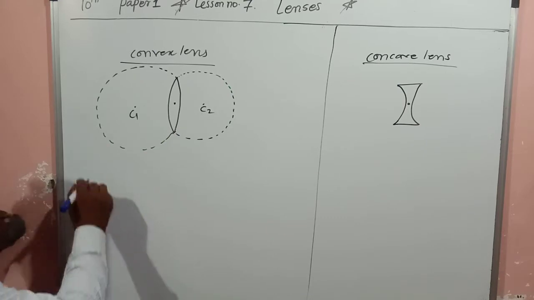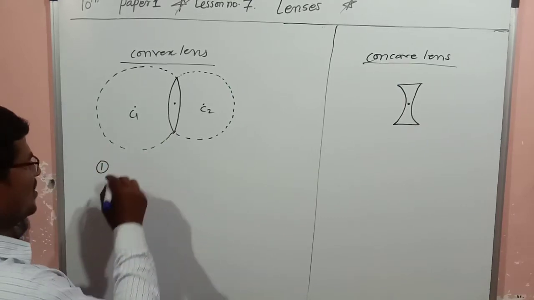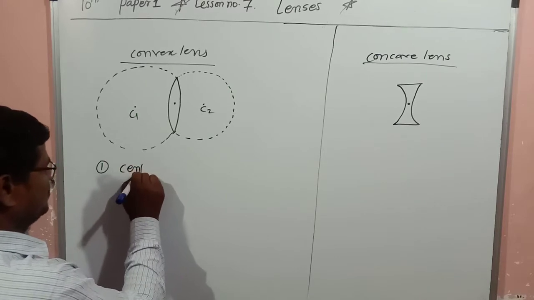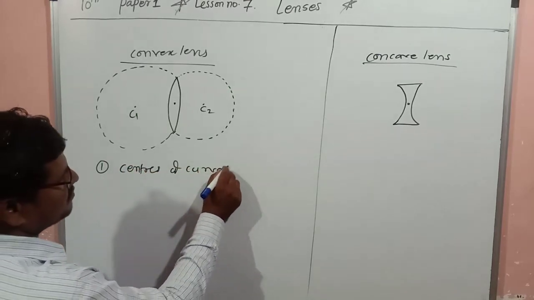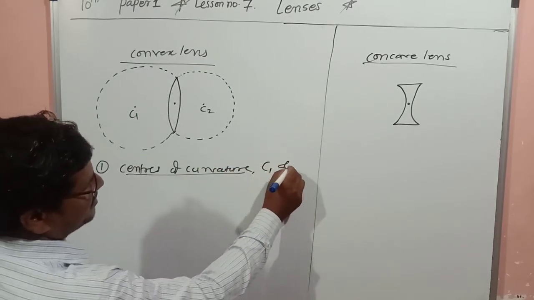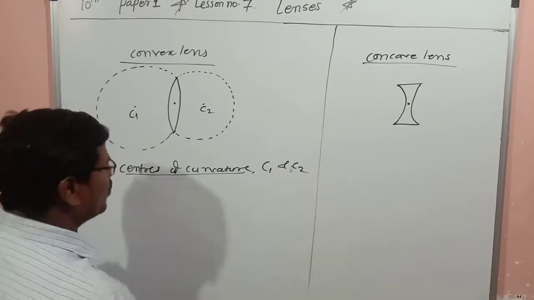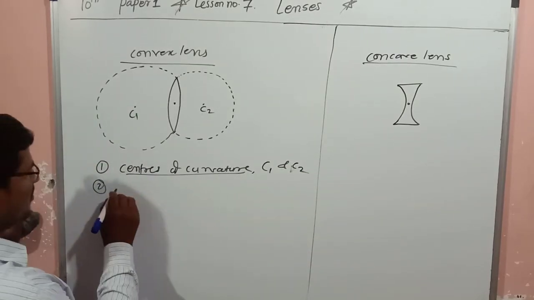Which terms have we studied? Terms related to lenses: centers of curvature. Each lens has two centers of curvature, C1 and C2. Second point we have studied, radius of curvature.